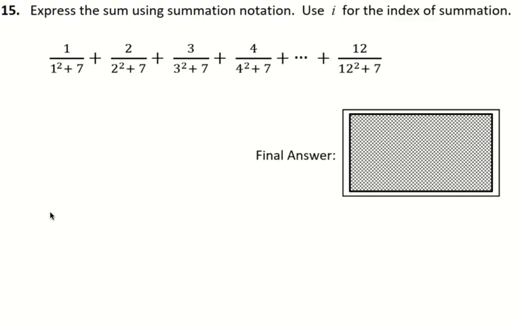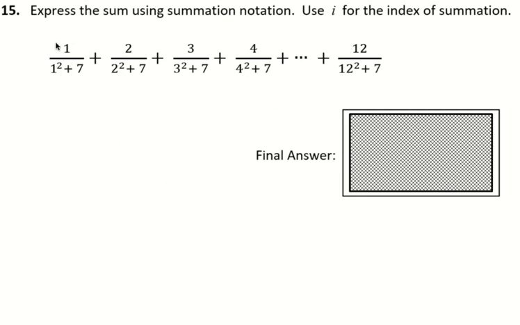Number 15. Trying to help you out here. I could have just said this was 8, and this was 11, and this was 16, and this was 20, you know what I mean?